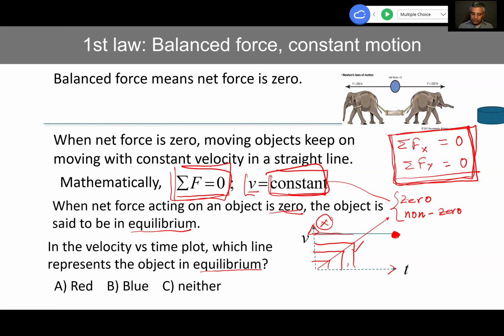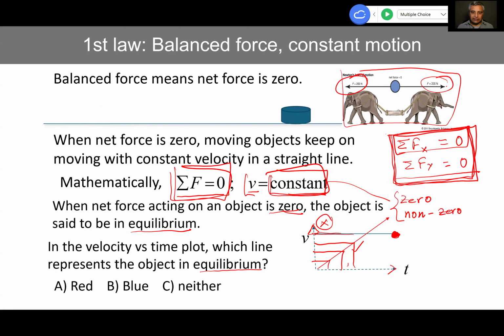So here you see there are two elephants. They are applying force on this log, and the forces shown are in the horizontal direction, or let's say the x direction. Both forces are equal in value and opposite in direction, so the net force is 0. That means this log is not going anywhere.